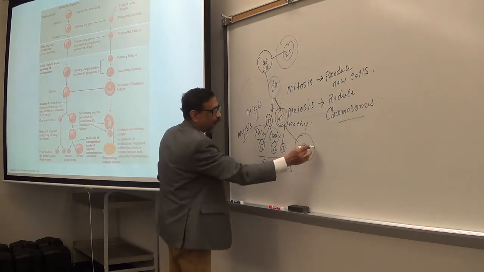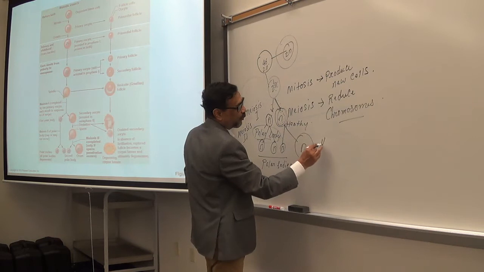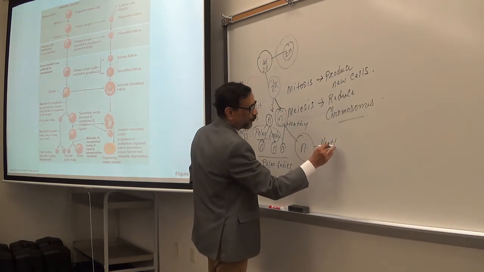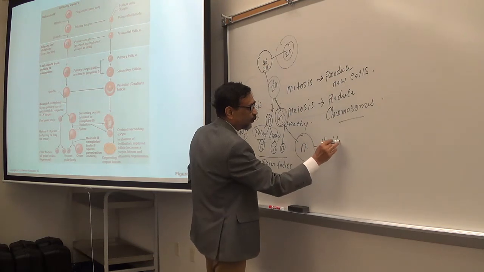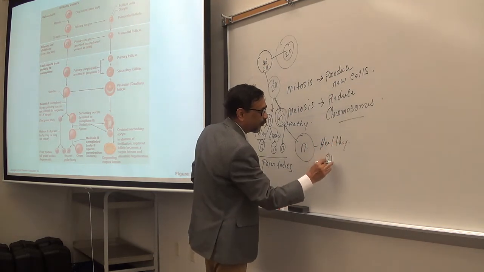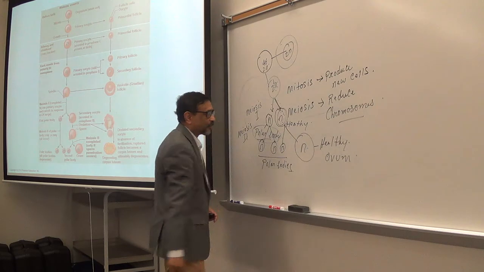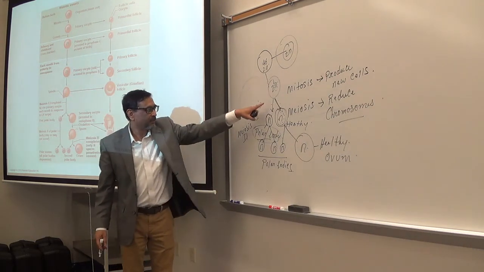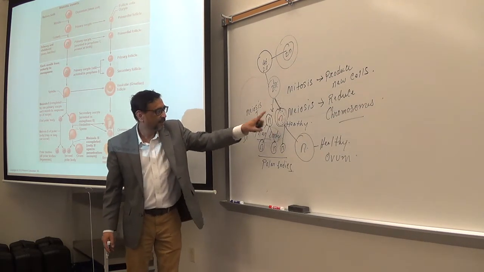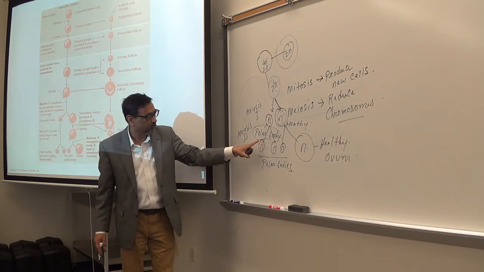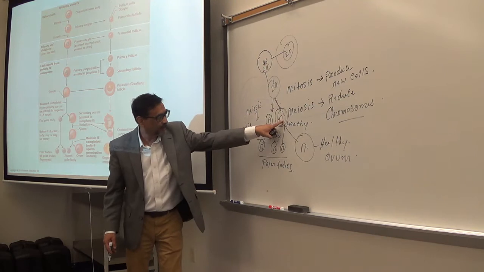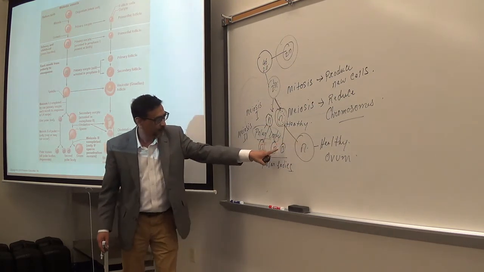And only one healthy ovum. Okay? So first we got a polar body and healthy, then this polar body divides by meiosis 2 to form two more polar bodies, and this one will make one healthy, one polar.